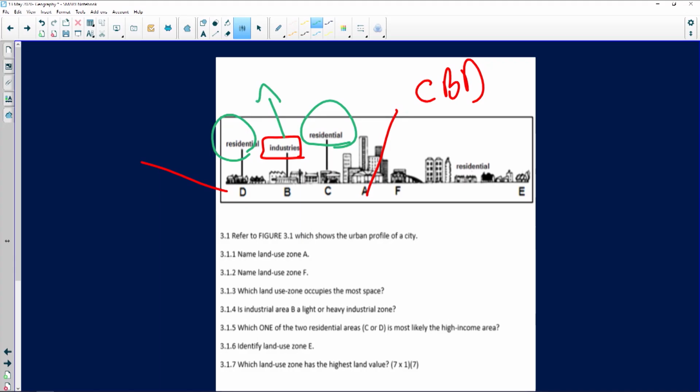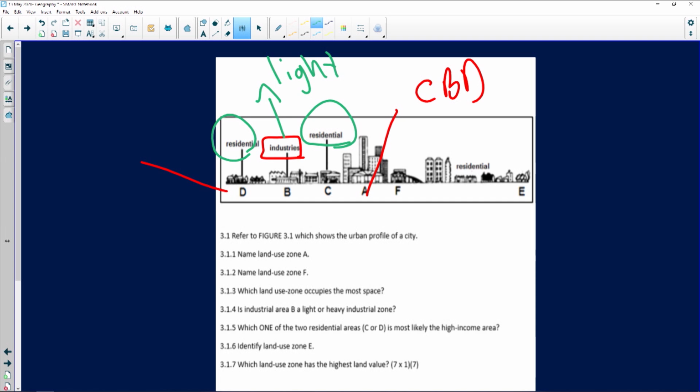I can guarantee you, definitely not. Why not? Because of the amount of noise pollution and air pollution created. So this industry I can immediately identify as a light industry, because it's situated right in between two residential areas.